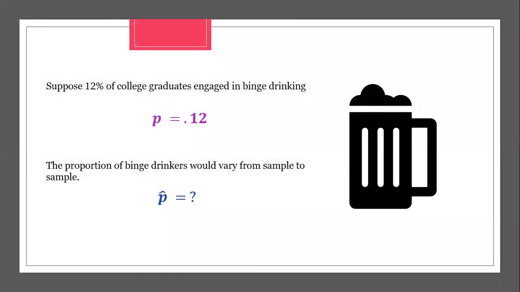So let's put this into action. Suppose 12% of college graduates engaged in binge drinking last year. Well, that would say that the parameter, the answer I'm after, is 12%. But if I grab different samples of students and survey them about this, I'm going to get a different P hat for every sample that I take.